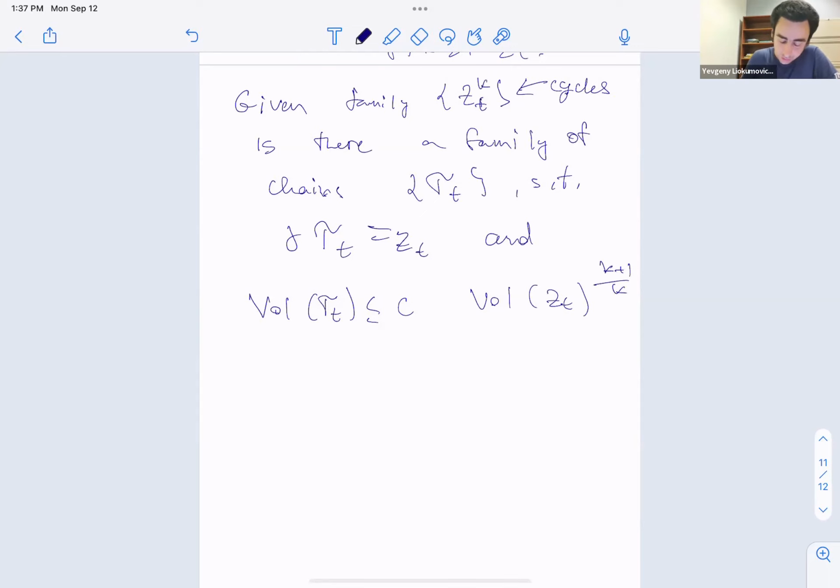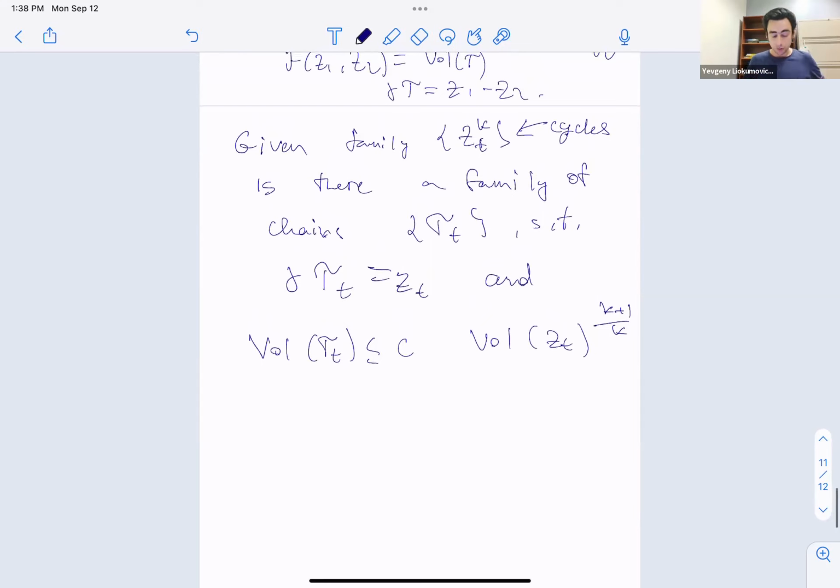So these are k-dimensional cycles, and these are (k+1)-dimensional chains. Then this is something that we could ask.